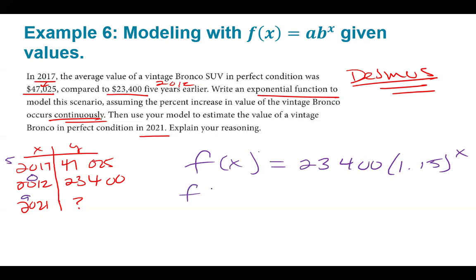So now when we looked for f of 9, how many in 2021, we ended up with 82,189.55.